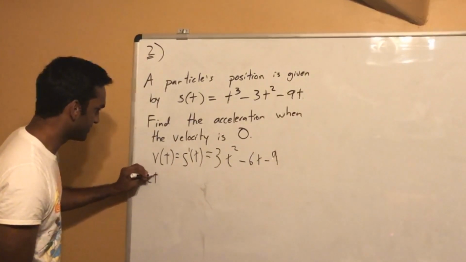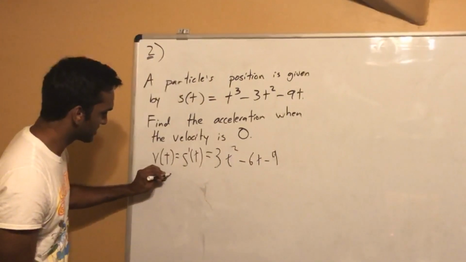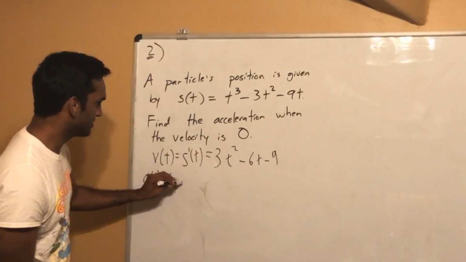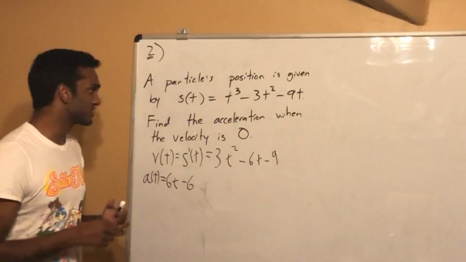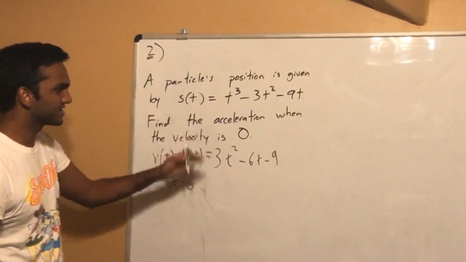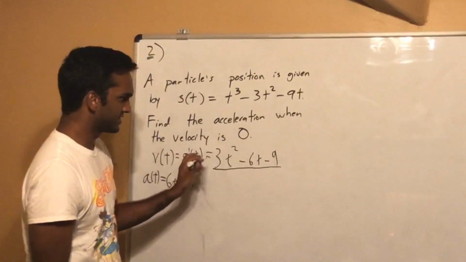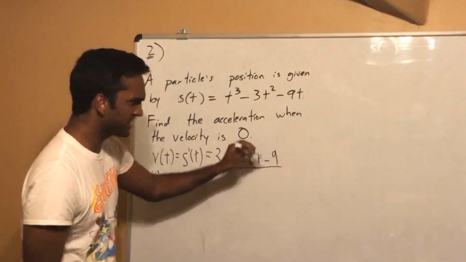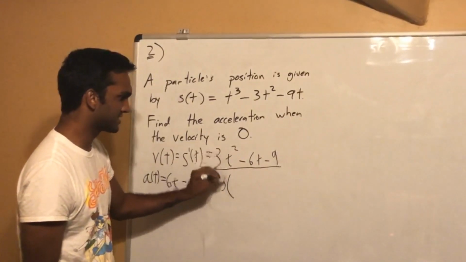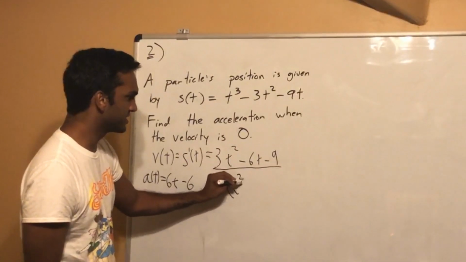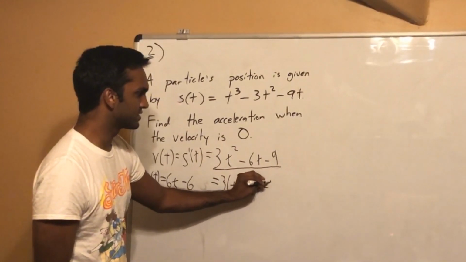And a of t equals the derivative of this, which is 6t minus 6. So since the question is asking us to find the acceleration when the velocity is 0, we need to solve for this whole thing to be 0. I noticed that these are factors of 3, so the first thing I'm going to do is take a 3 and factor it out of t squared minus 2t minus 3.